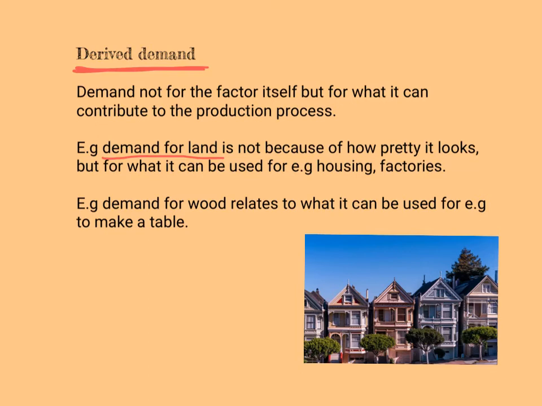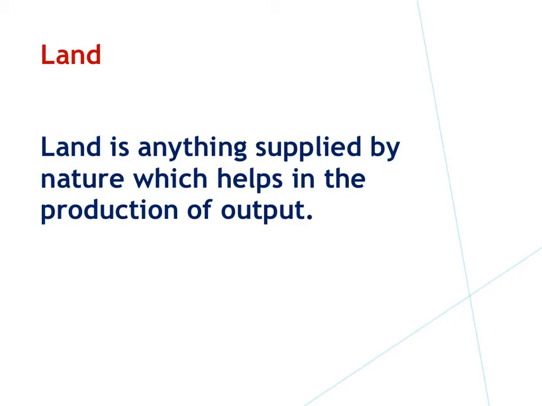So maybe to make a table. It's not for the actual product itself. We also see that in relation to labour. So the demand for labour, demand for people, workers, is not for the person themselves, but for what they can actually produce.